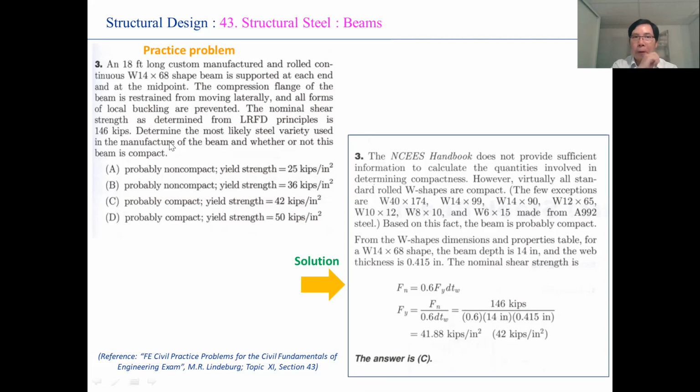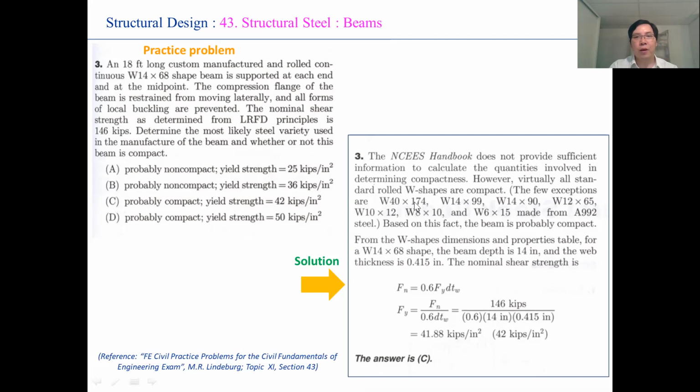With the input data, the question asked is: what is the most likely steel variety used in the manufacture of the beam, and whether or not the beam is compact?